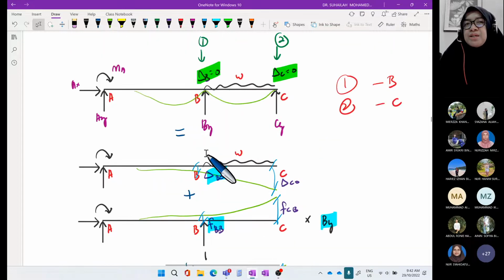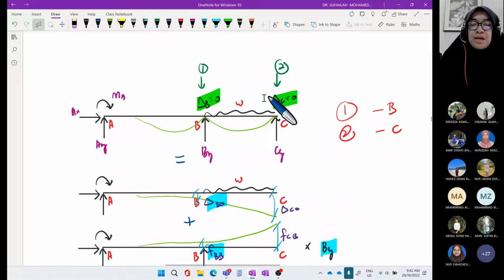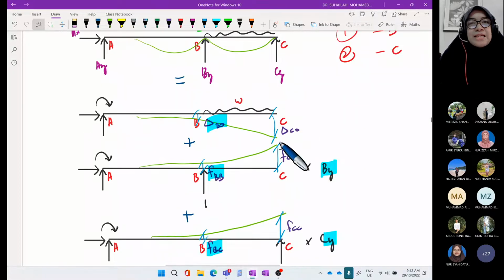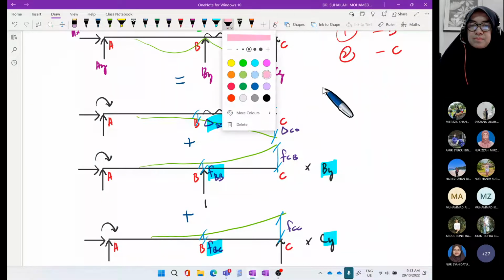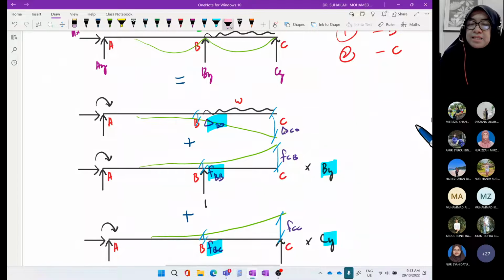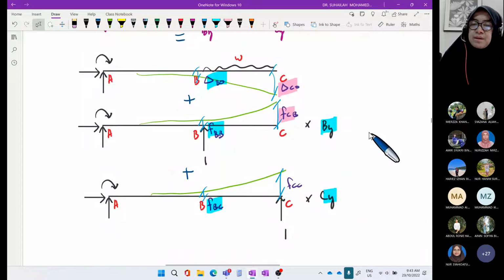Okay, what about equation number 2? Equation number 2 starts with delta C naught. Delta C naught plus FCB, plus FCC. Remember, F cannot stand alone. We must multiply by redundant.